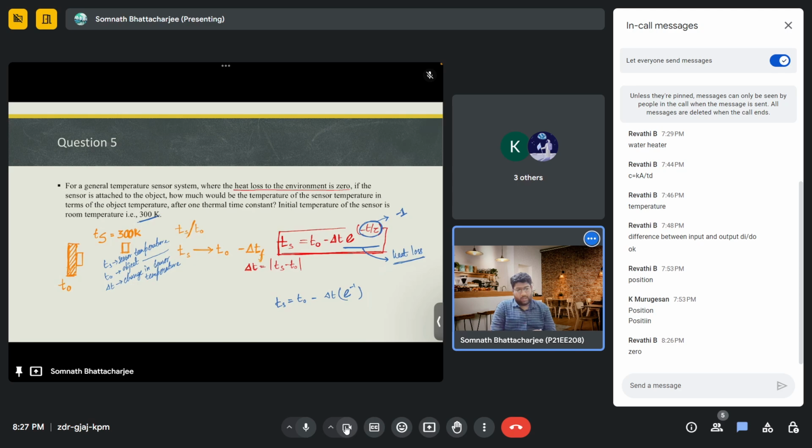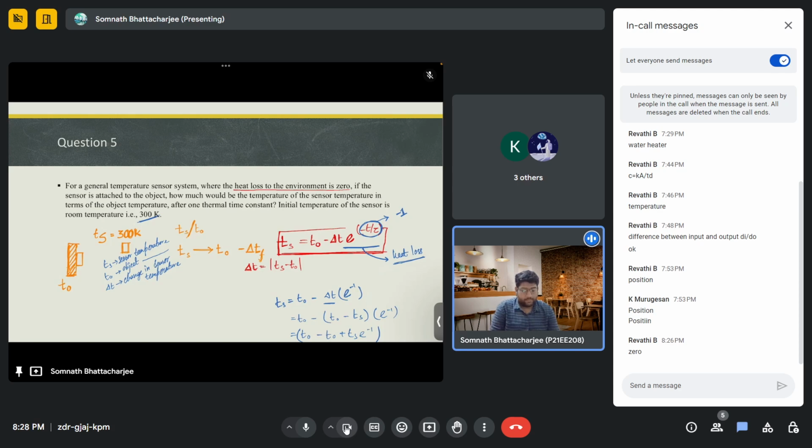Give me the answer. And we already know that this value is 300. Okay, so del T is T naught minus Ts with e to the power minus 1, then it would be T naught minus T naught plus Ts e to the power of minus 1.